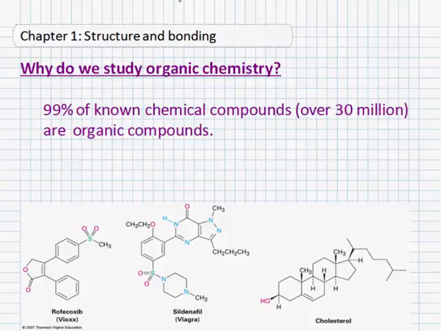Let's just start out in general with why it is that we study organic chemistry. You're all in this course pretty much because it's a requirement for some sort of program that you'll be entering. A lot of you will be doing some sort of medicine or allied health or pharmacy or chiropractic, veterinary, things like that.